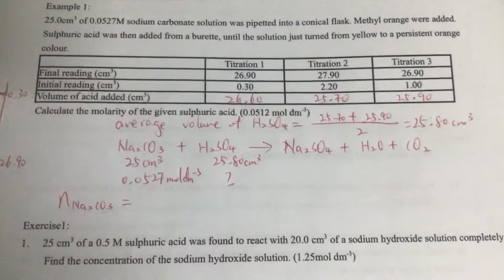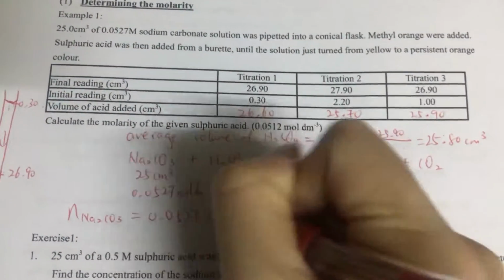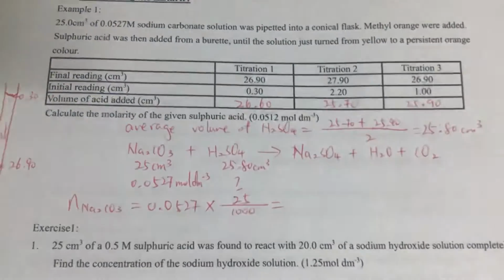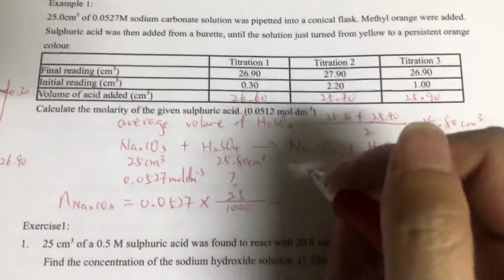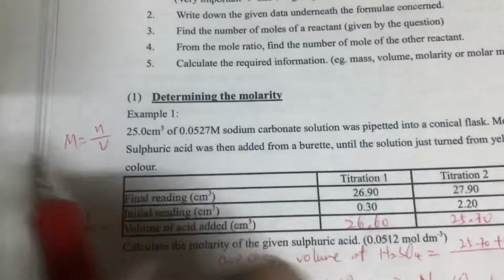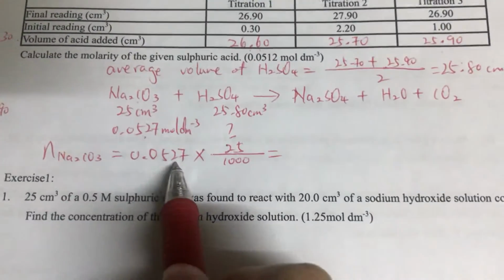We have volume and molarity, so as we know, molarity equals number of mole divided by volume. So when we rearrange it, number of mole equals molarity times volume. So here, molarity times volume.